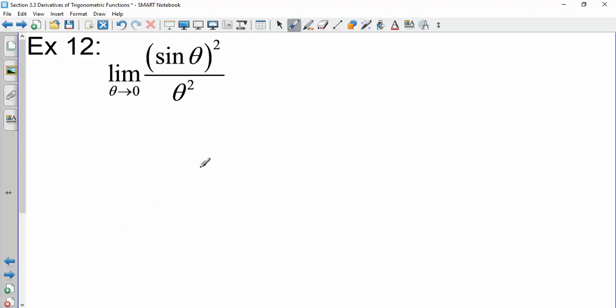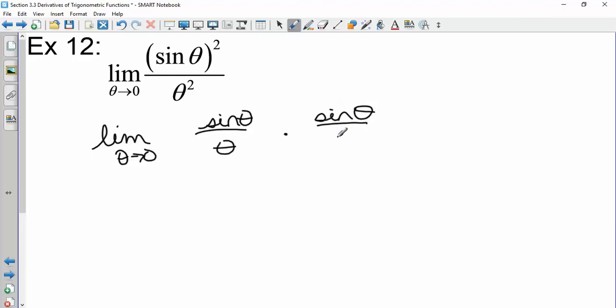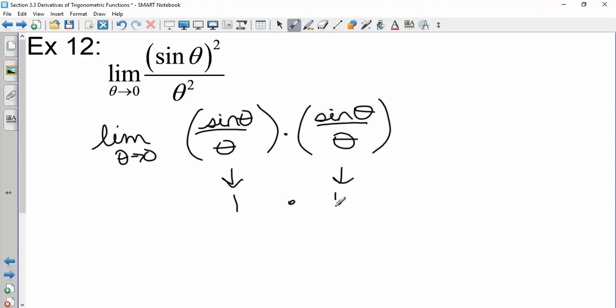Could you just separate it? Yeah. Sine squared means you have sine theta times sine theta. Theta squared is theta times theta, so I could separate it like this. Do you guys agree that if I multiply these fractions, I would get back to sine squared over theta squared? Alright, so sine theta over theta will go to 1 times sine theta over theta goes to 1. Now 1 times 1 is 1.